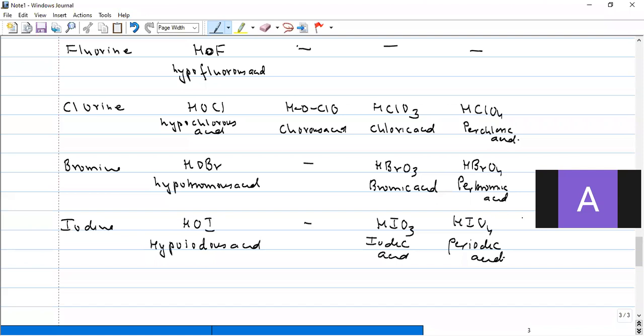In hypofluorous acid, fluorine will have -1, as we know that fluorine has only the -1 oxidation state because of the absence of d orbitals. While in the other hypohalous acids, chlorine, bromine and iodine will have a positive oxidation state.